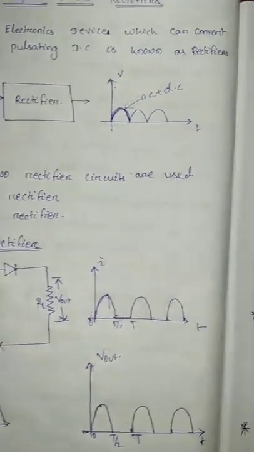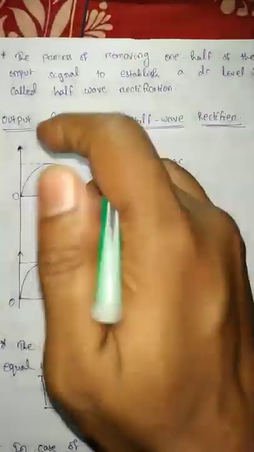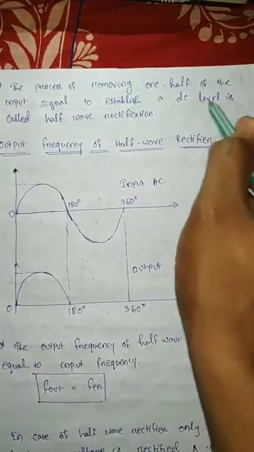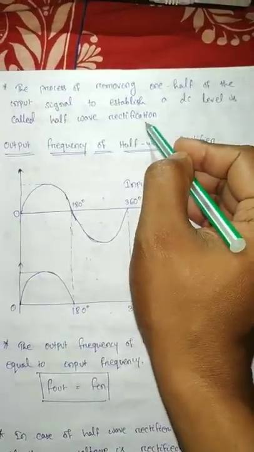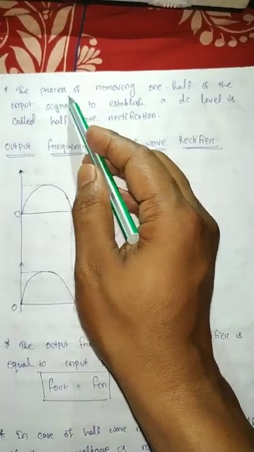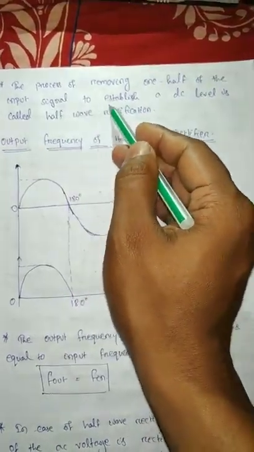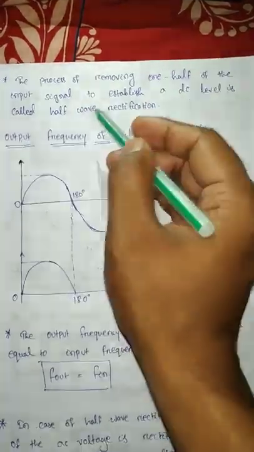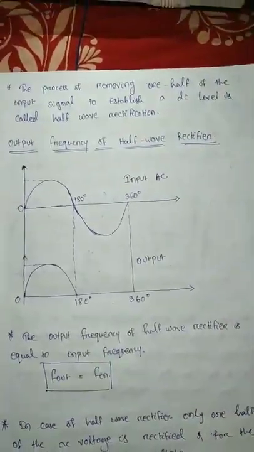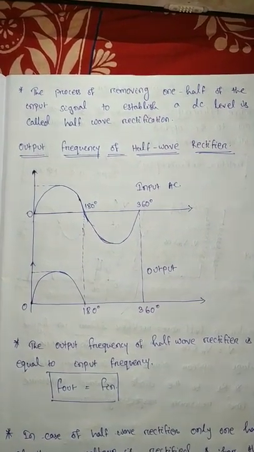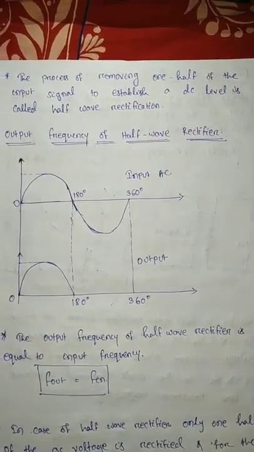The process of removing one half of the input signal to establish a DC level is known as half wave rectification.